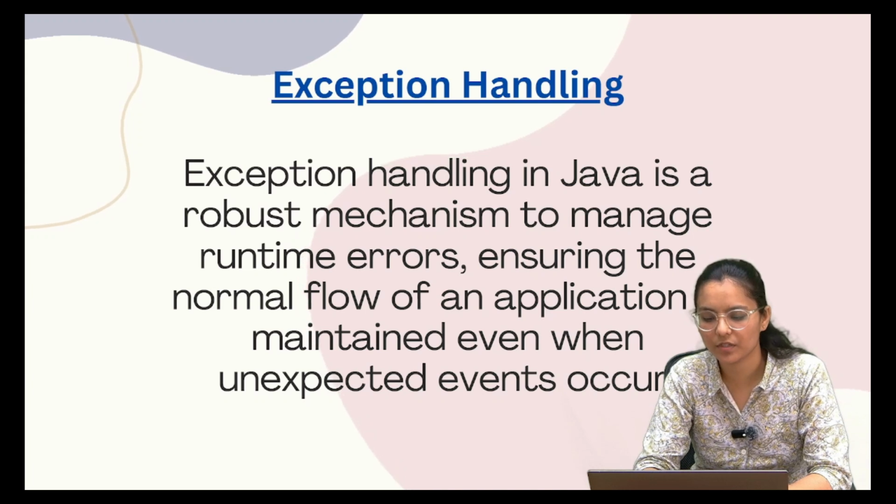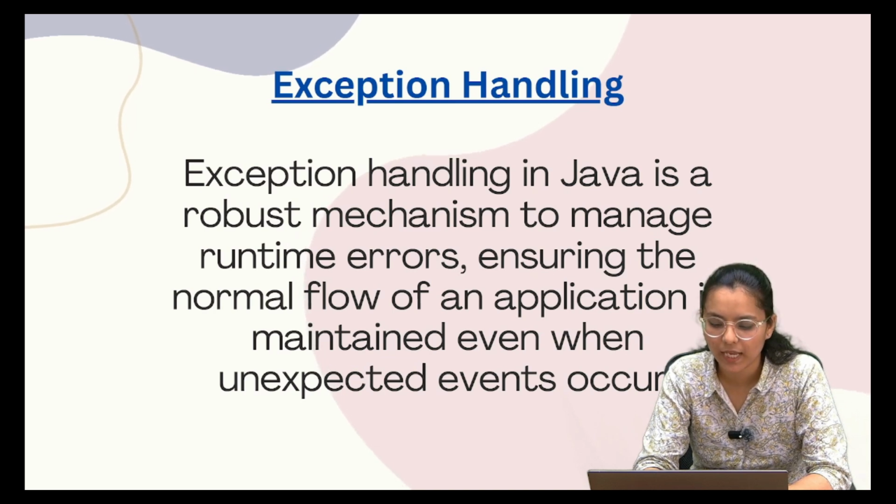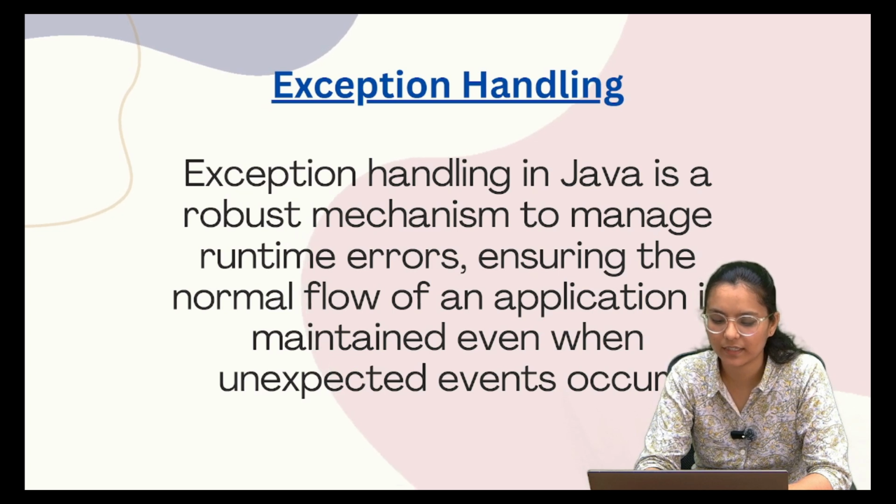These are exceptions. Without handling, the program stops immediately, but with exception handling we can catch and manage the error, and the rest of the program keeps running. That's why exception handling is important in Java.